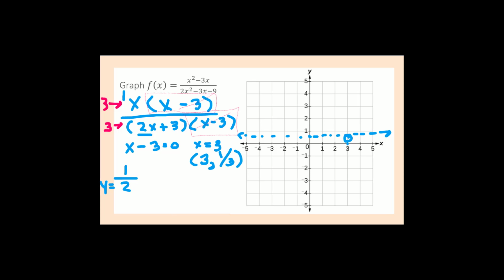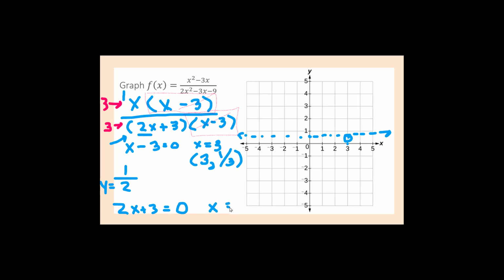Now let's find our vertical asymptote, if we have one. That's going to be where the denominator equals 0. So we'll go back to our denominator, set that equal to 0, and solve for x.